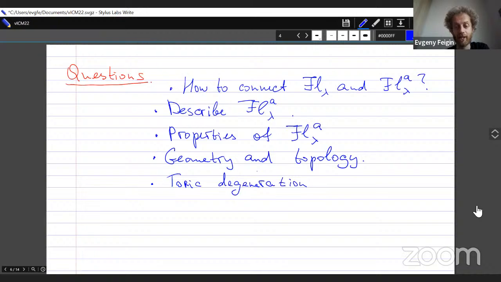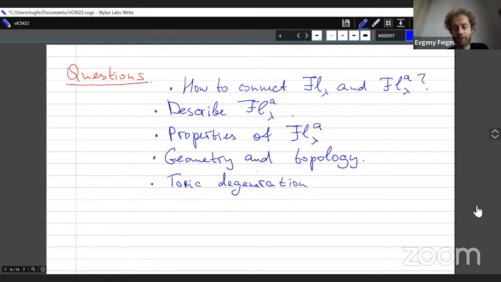FL lambda A. One important thing to note here is that it's known that the varieties FL lambda, the classical flag varieties, depend only on the regularity class of lambda. In particular, if lambda is regular, then this is the full flag variety.